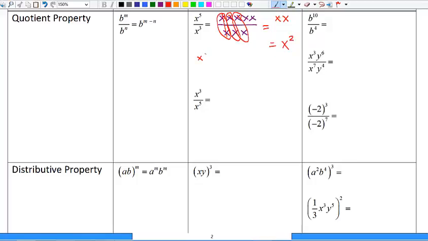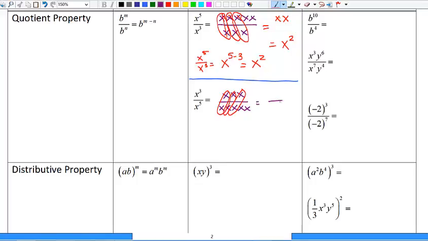So the fast way of writing this is just to take the top one minus the bottom one to get x squared. I would also like to talk about the opposite case where we have x cubed on top and x to the fifth on bottom. If you work that out, where we have 3 x's on top and 5 on the bottom, when I multiply them out, this pair divides out to 1, this pair divides out to 1, and this pair divides out to 1.